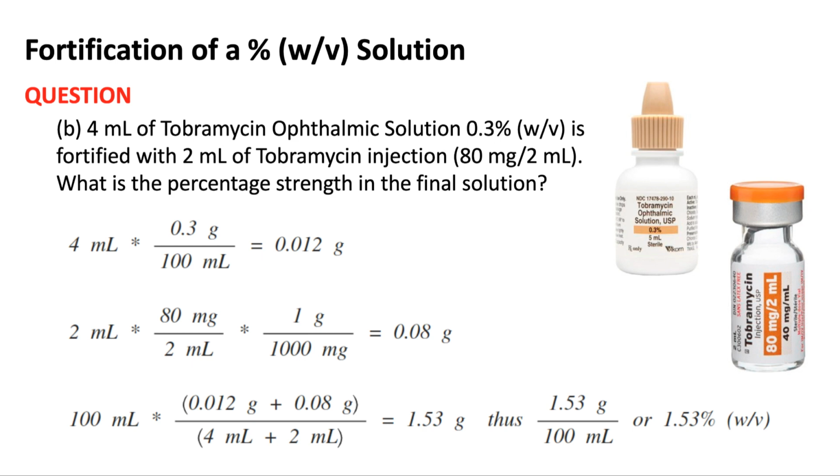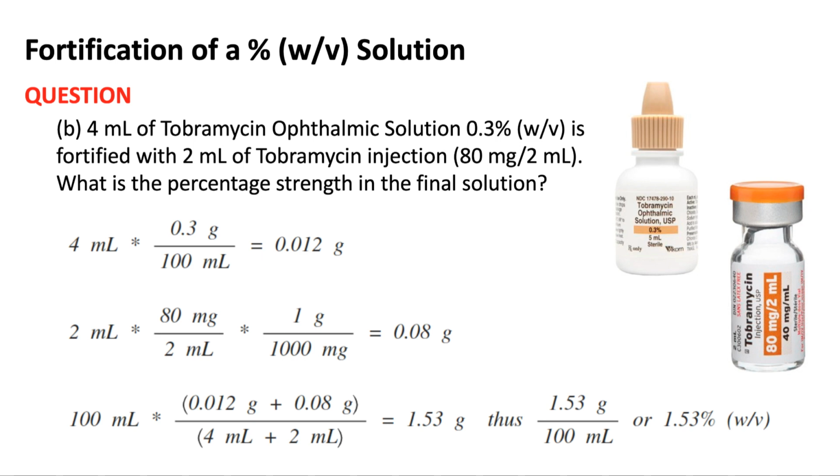So I'm going to start with 100 milliliters, and I'm going to multiply it by the concentration, but now the new concentration is the total amount of tobramycin, which is the 0.012 grams from the ophthalmic solution, plus the additional 0.08 grams from the injectable.